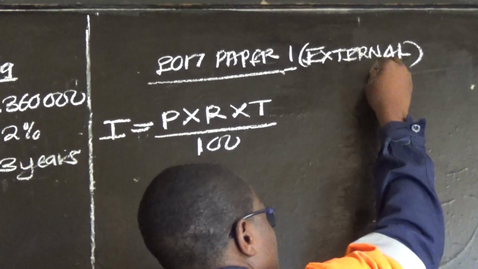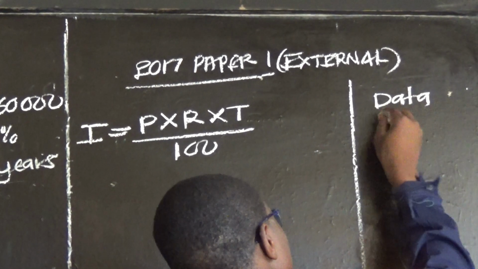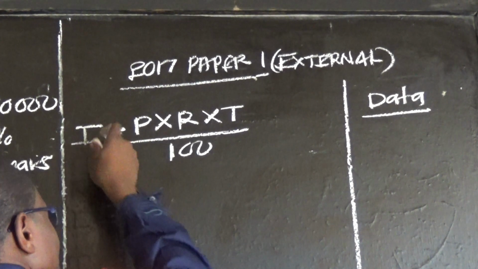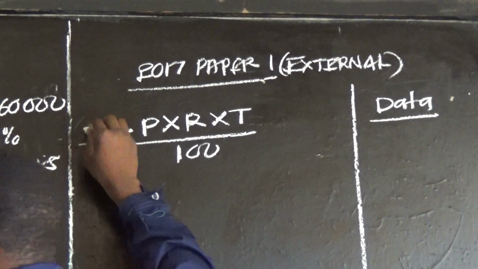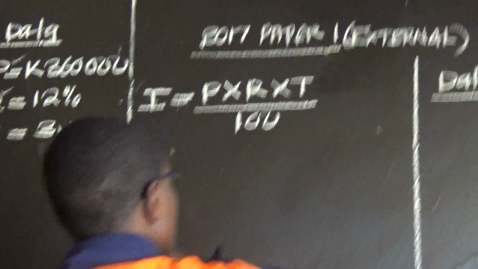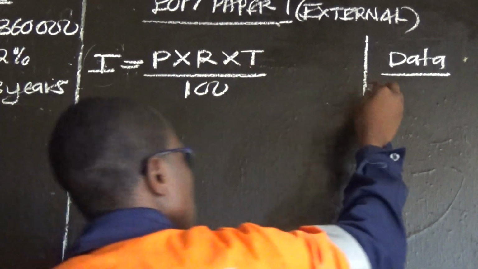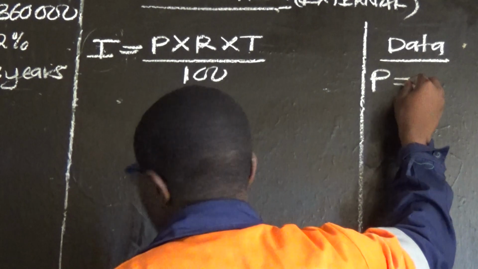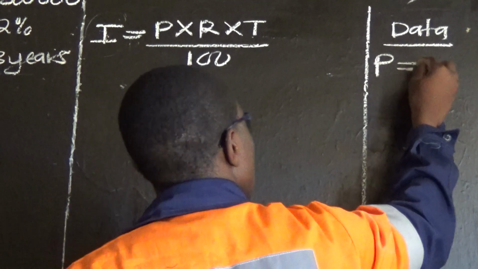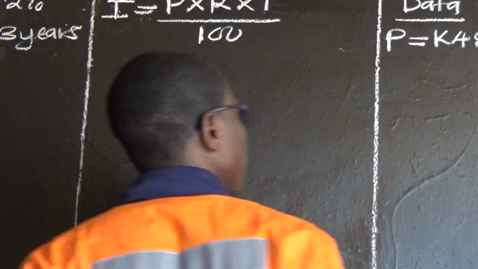So we can now come up with the data. Since we want the interest, we need to have the principal, rate and time. So what is our principal? They are saying Mr. Ntema invested 4,800. So this one becomes our principal.